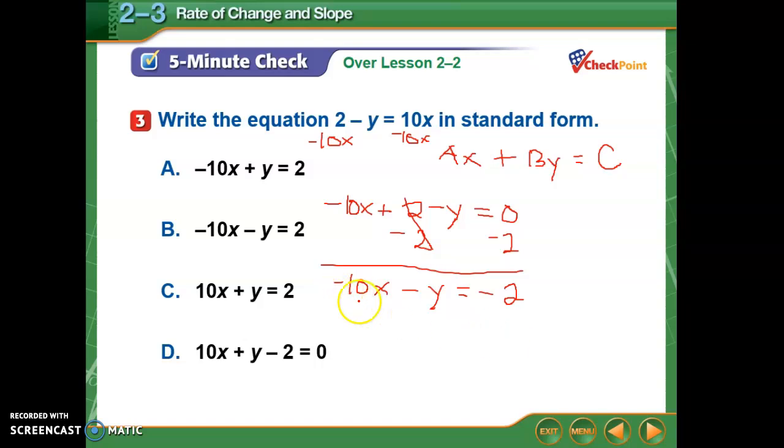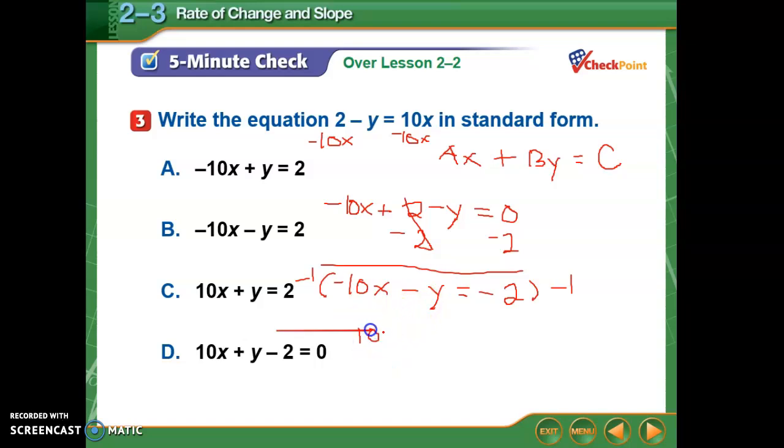You have noticed that your numerical coefficient 10 is negative, so let's turn that to positive by multiplying or dividing both sides by negative 1. So all the signs will change.